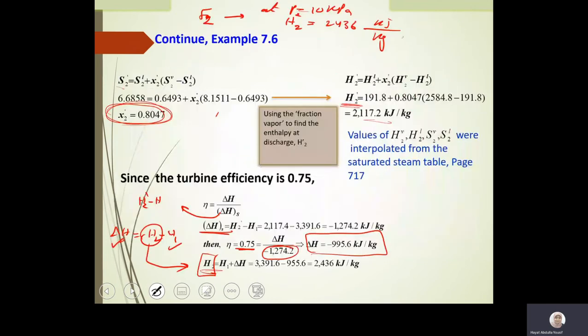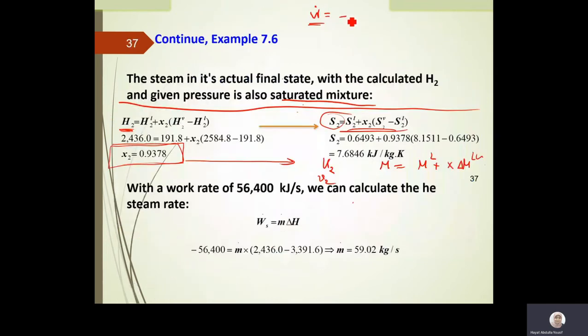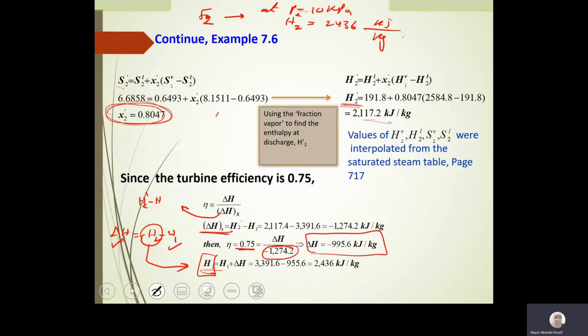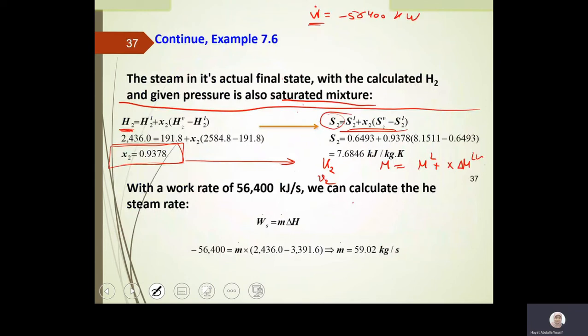It's the work of a reducing device, so it is going to be minus 56,400 kilowatt. Let me just double check that again. Yes, this is the amount. This W dot is equal to M dot delta H actual, because this W is the actual power produced. So in this case, I will just put M dot delta H.